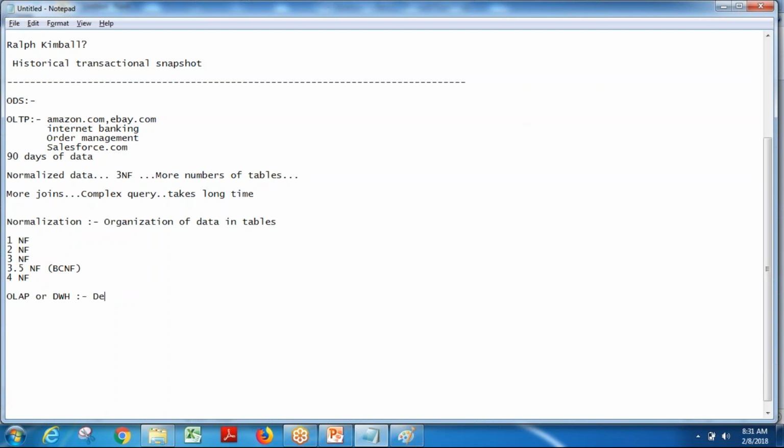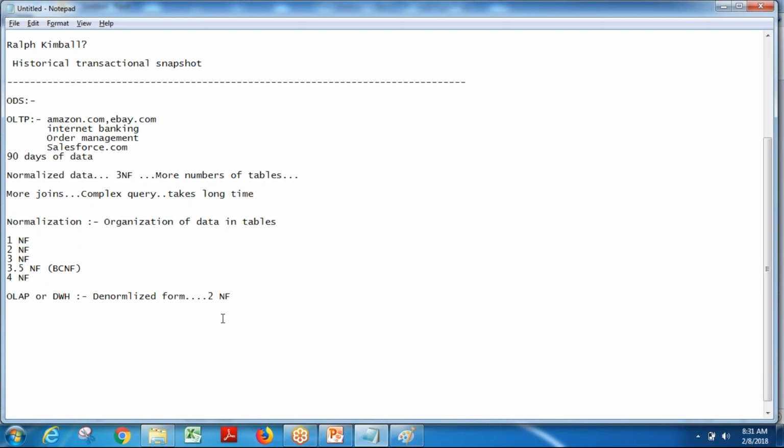We always store the data in denormalized form. Denormalization, as opposed to normalization, means we don't normalize heavily. Most of the time your data warehouse is denormalized up to the second normal form. We don't go to the third normal form; we stop at the second normal form.